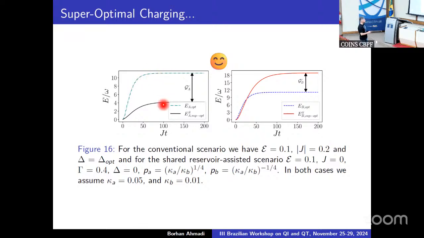As you see, the energy of the charger is decreased, and the energy of the battery, which before was close to this blue line for the conventional case, now after the optimization, in the super optimal case, goes up. So simultaneously the energy of the charger goes down and the energy of the battery goes up. This is the optimization due to the engineered reservoir.